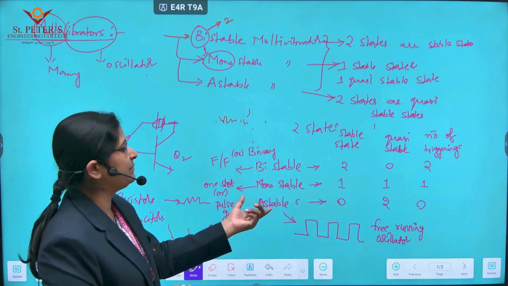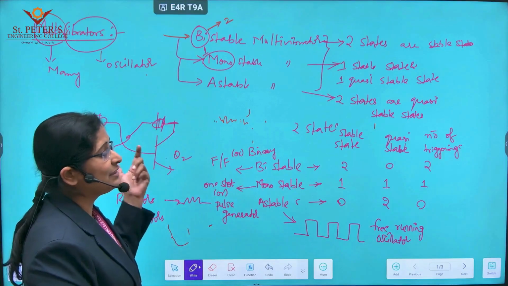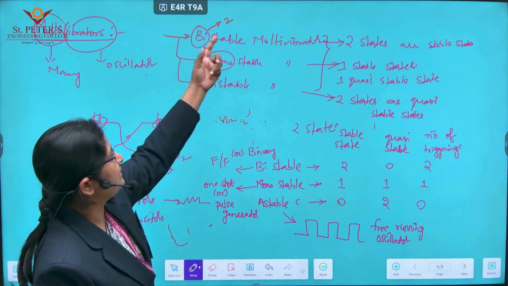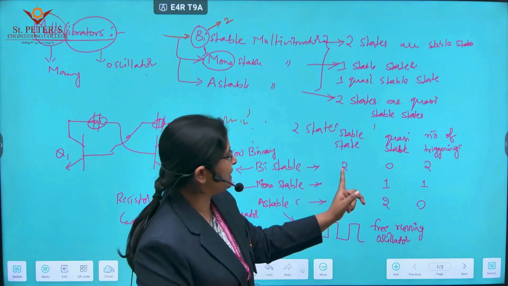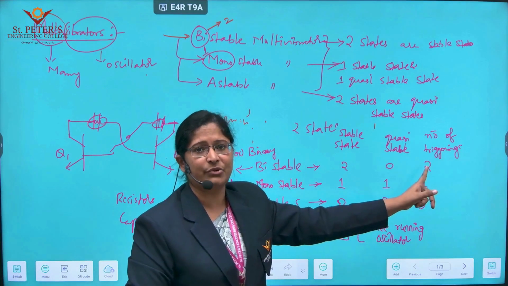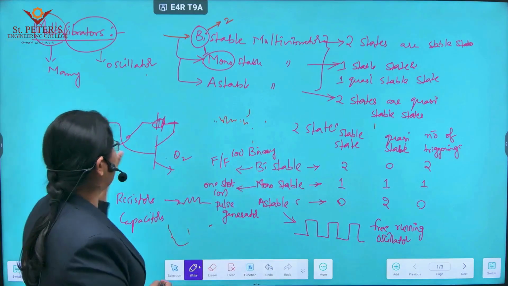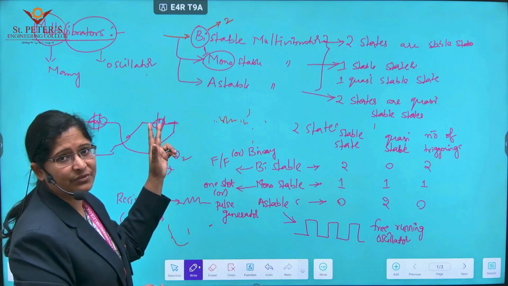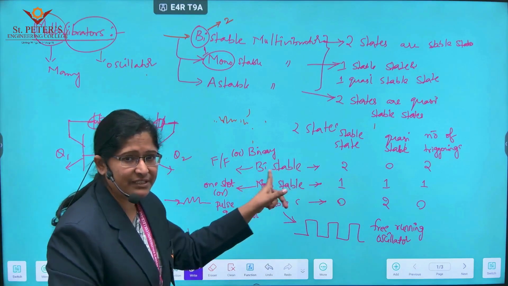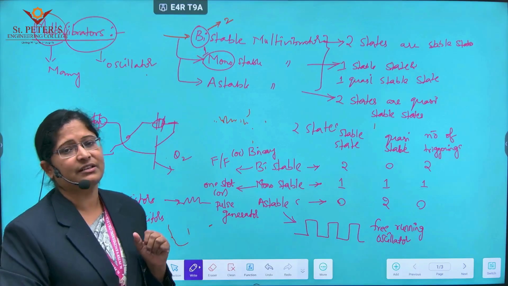In multivibrators, we also look at the type of coupling used. The bistable has two stable states, zero quasi-stable states, two triggerings required, and both coupling elements are resistors.